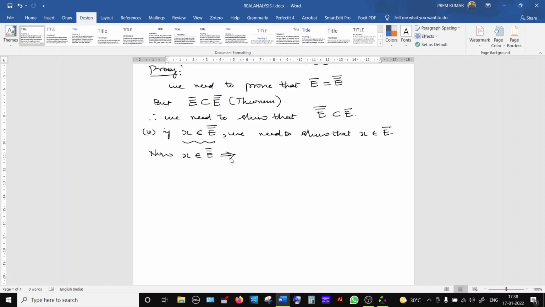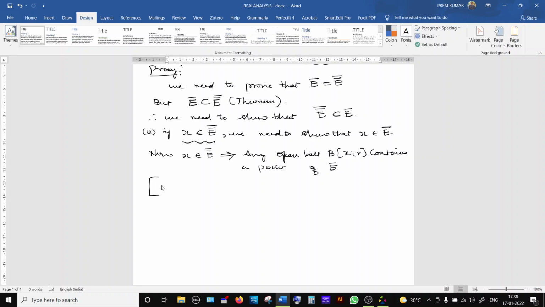This implies that any open ball, say B with center at X, contains a point of E. See, already we discussed this result in the last session.